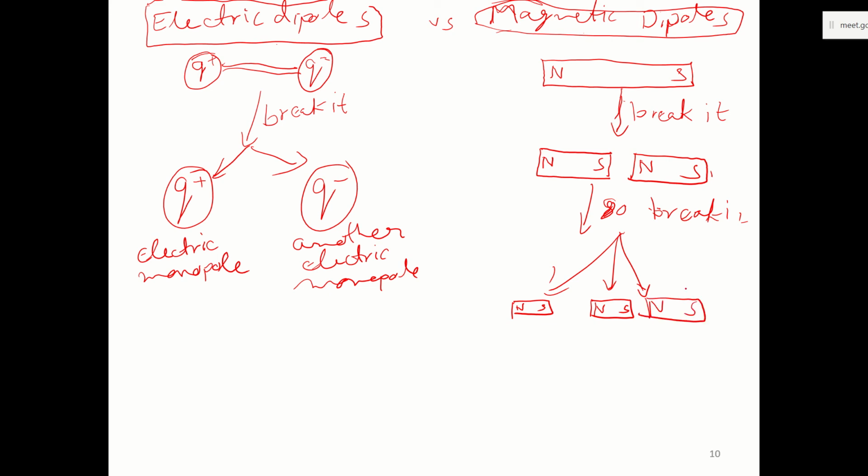So practically it has been found that even if we go to the tiniest of particles, in terms of magnetism it is still behaving as a dipole. So you break a larger magnetic dipole, you always get smaller magnetic dipoles. So you are getting a large number of magnetic dipoles.